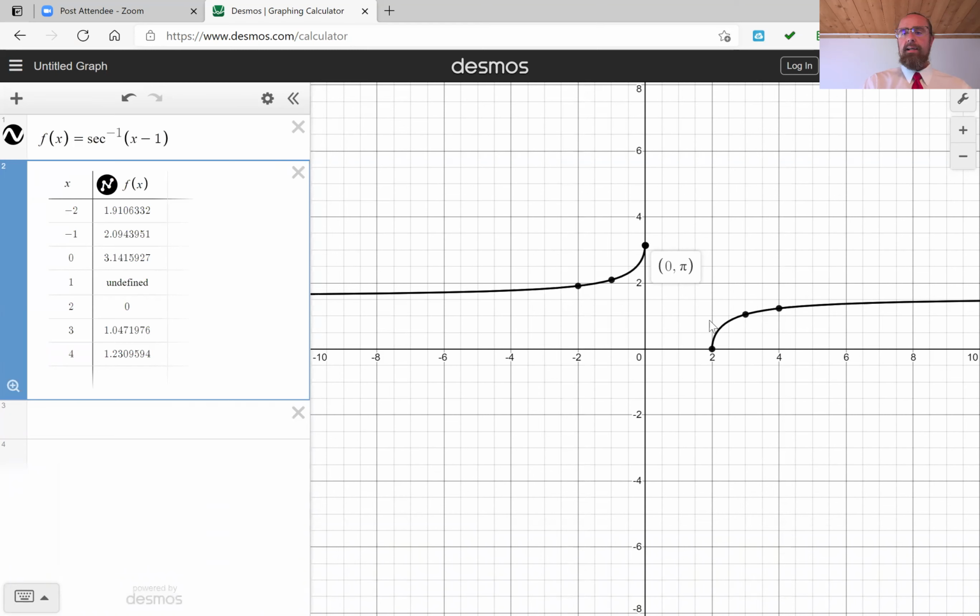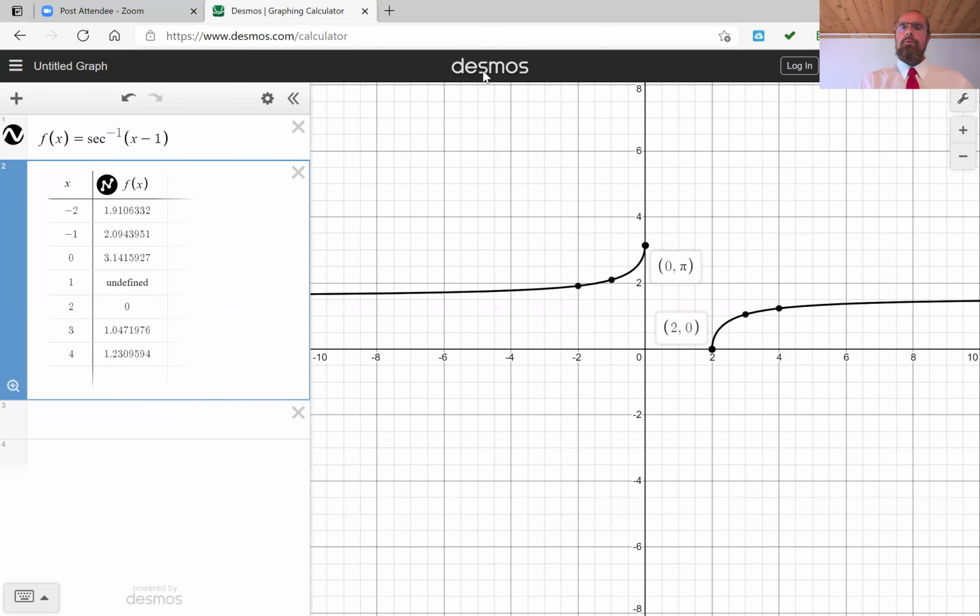Then we've got that gap from 0 to 2. You can see 1 is undefined there. 2 picks up at 0, so that would have been the minimum on this graph, the way it's presented to us. 3 picks up at 1.05 and 4 is at 1.23.